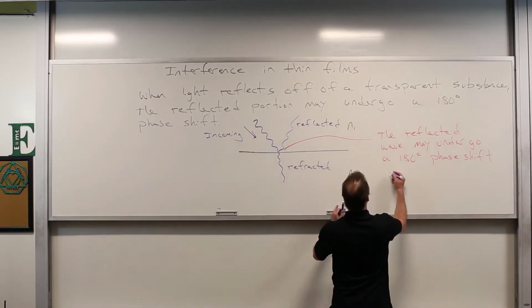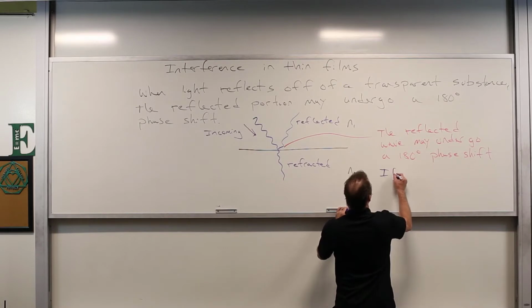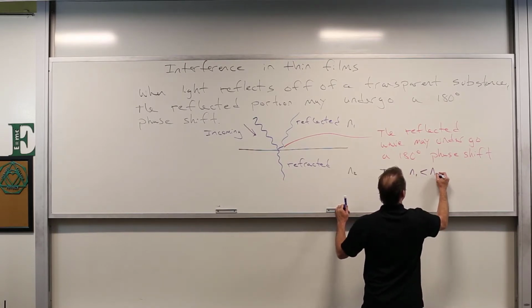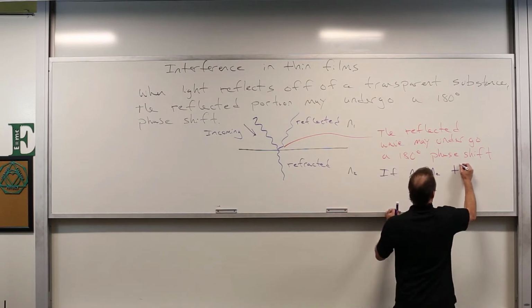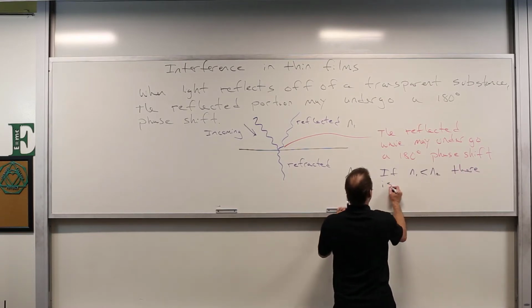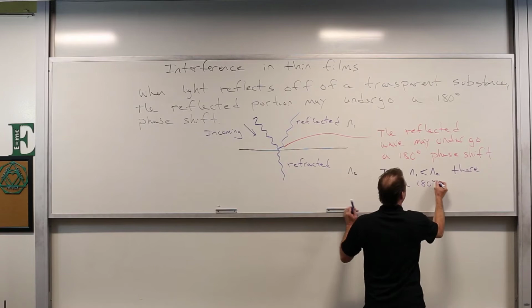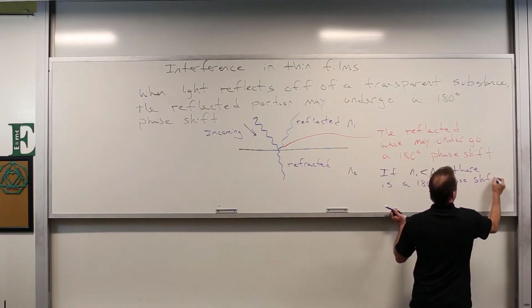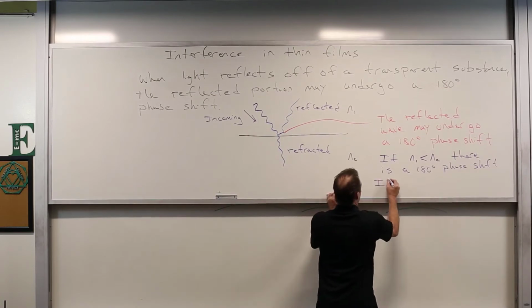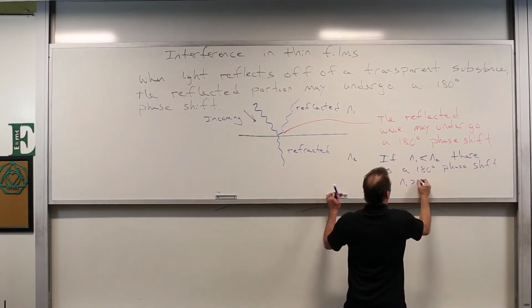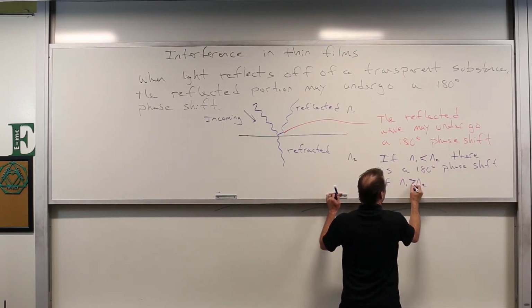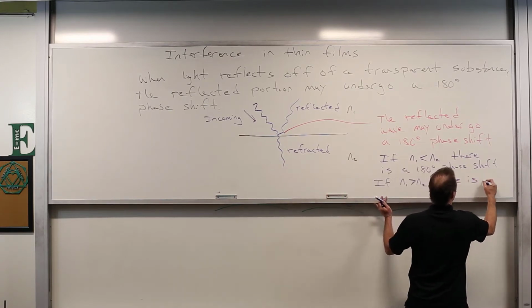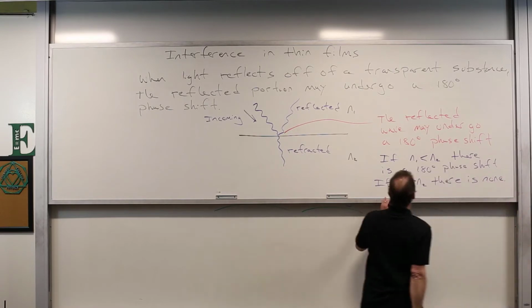All right. If N1 is less than N2, there is a 180-degree phase shift. If N1 is greater than N2, there is none. That's it.